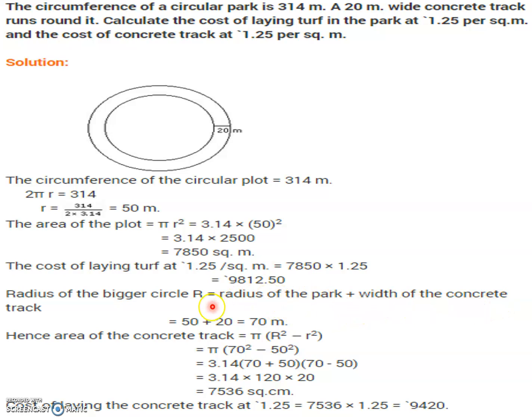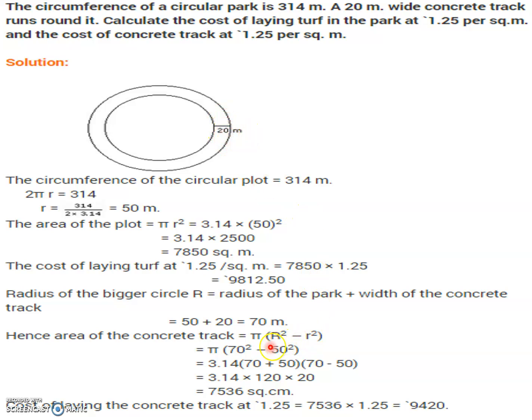What's happened? The radius of the bigger circle R is equal to the radius of the park plus the width of the concrete track. It is obvious. We define this radius. What is that? 50 meter plus 20 meters. So the whole circle's radius we define as 50 plus 20, 70 meter. Now we have to find the area of the concrete part. The concrete track we define by subtracting: pi R square minus pi r square, because we have to define this portion.